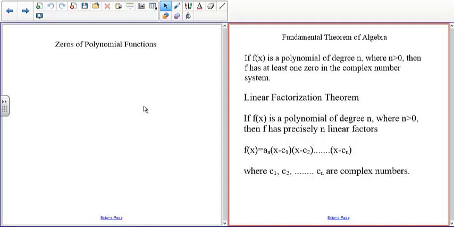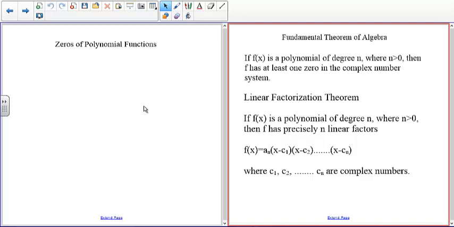Because with complex roots, you always have to have two of them. They always come in pairs. Whereas for an odd degree polynomial, you're always going to have an odd number of real zeros.